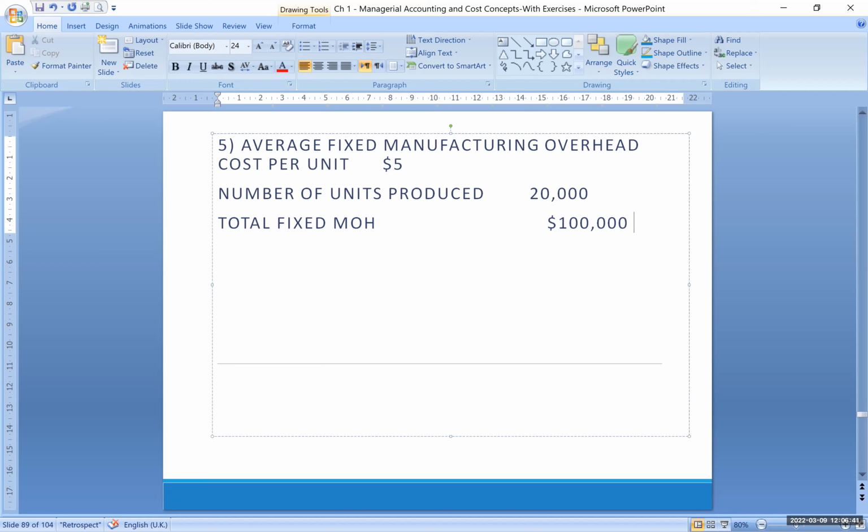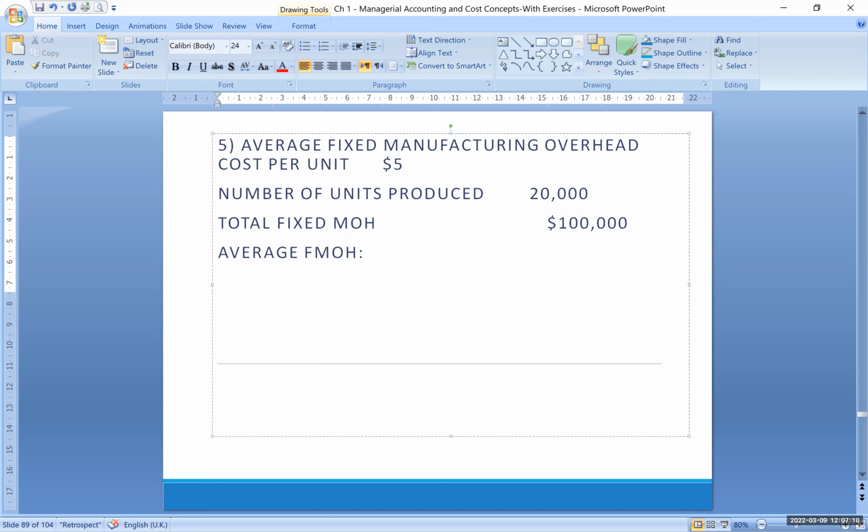Okay. So in number 5, the average fixed manufacturing overhead will be what? 100,000 divided by the 18,000 production. Okay. If you like, we can write it down.